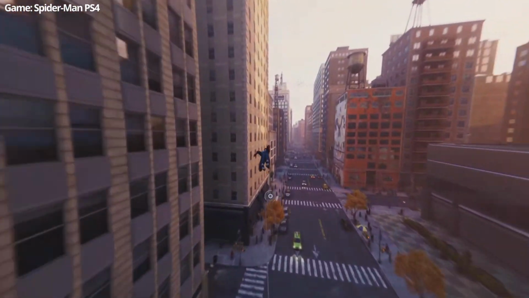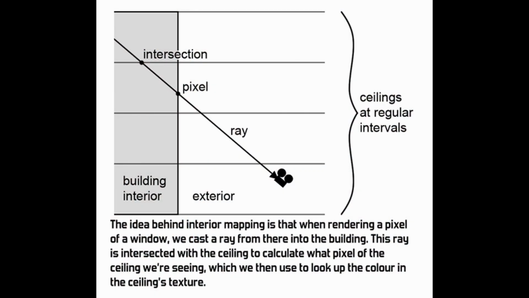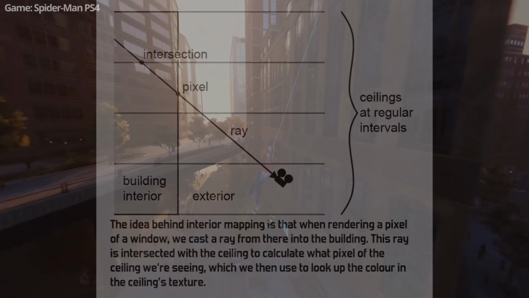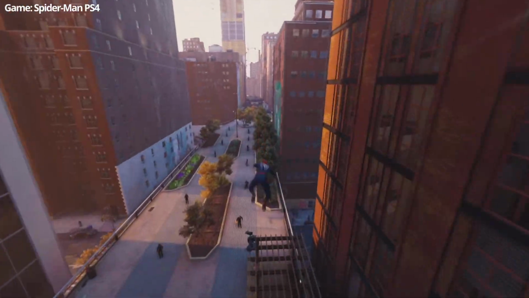According to an article from GameDeveloper.com, the way these rooms are actually made is that the system starts with a texture of the interior, with all 5 visible faces of the room being part of one unfolded texture. And it then shoots an invisible beam from the camera to the window, and depending on the angle and location of the beam, the shader figures out the math of what pixel would be shown on the window if the room was actually there. It seems like a lot, but I guess if it helps performance, it's worth getting creative.